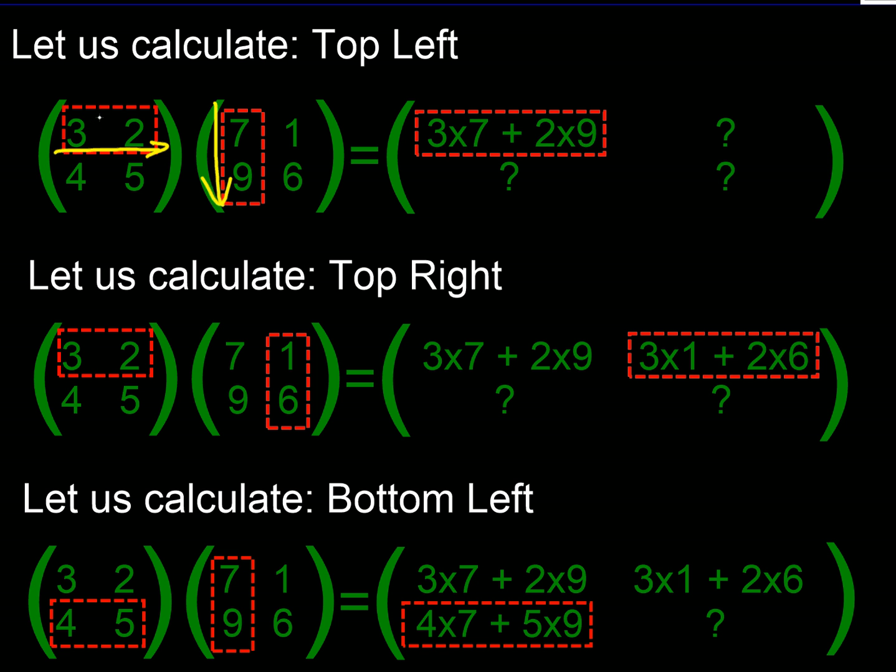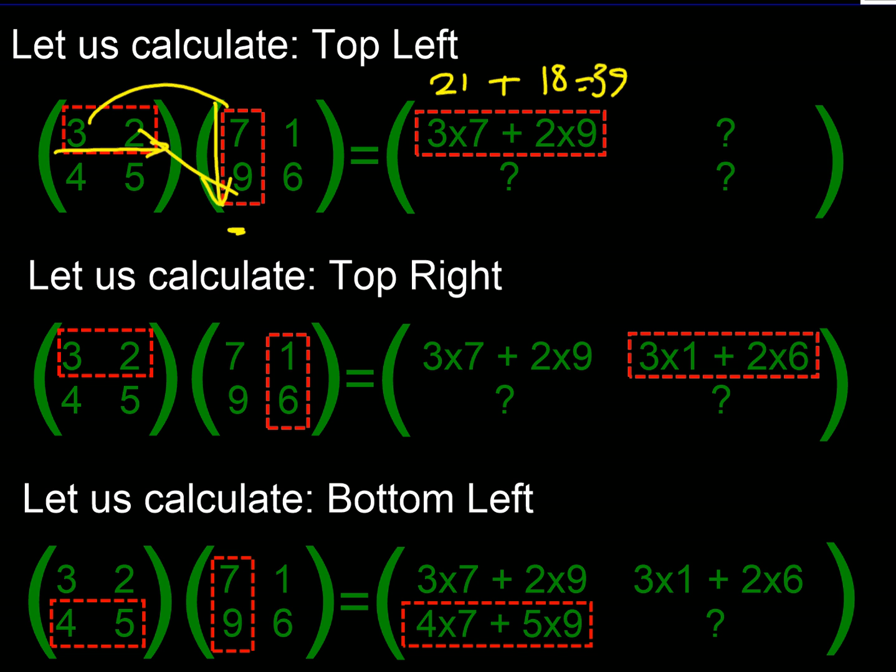That'll give me my top left, won't it? So 3 times 7 plus 2 times 9: 3 times 7 is 21, and 2 times 9 is 18. So there's our 39 value that we had before when we just looked at the vector, didn't we?